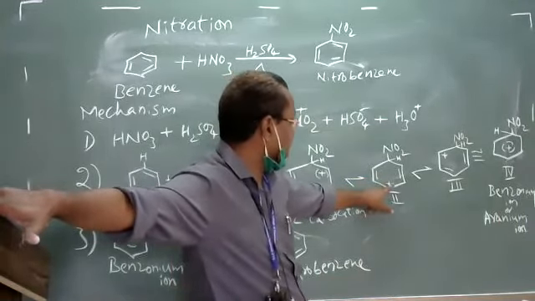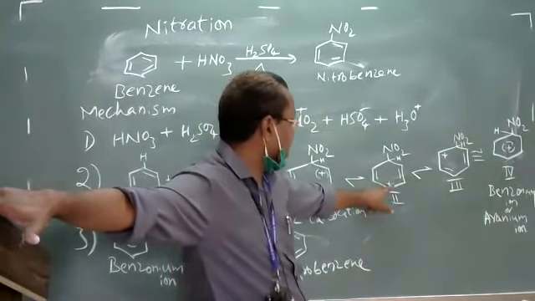That leads to the third resonance structure. So when we combine all these three resonance structures, it forms structure 4, which shows a dotted circle with a positive charge, indicating the positive charge is distributed throughout the molecule because of the resonance effect, or the delocalization of pi electrons.